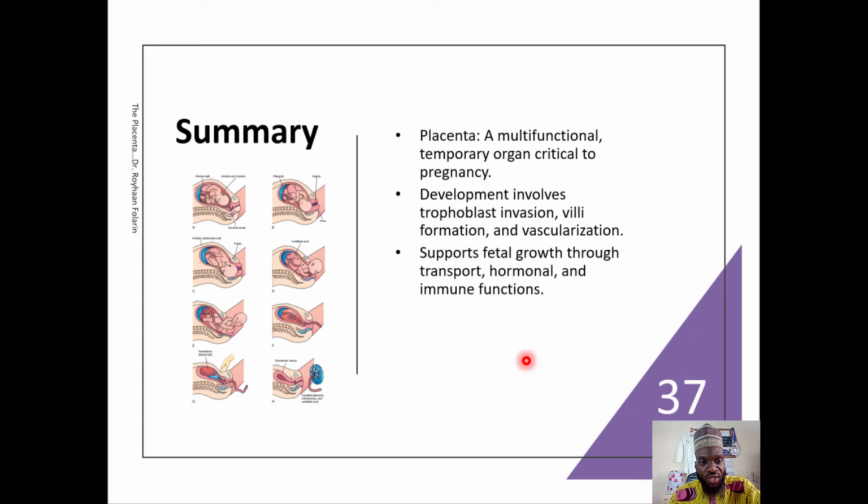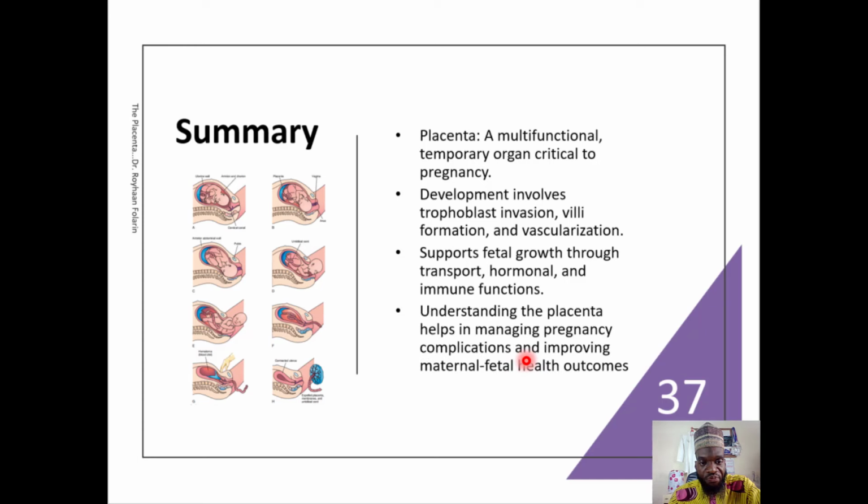And its function includes supporting the fetus as it grows by ways of transport of substances, hormonal secretions, and immune barrier functions. So we understand that understanding the placenta helps in managing pregnancy complications and in improving maternal health outcomes.